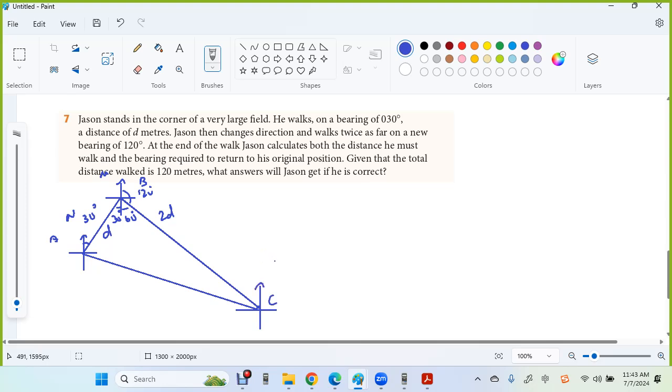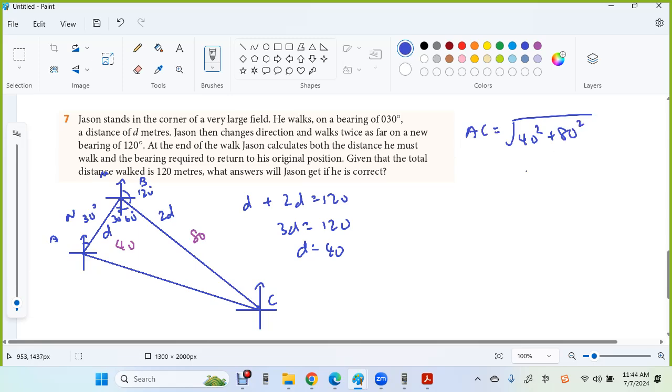So total distance walked is 120. So D plus 2D is 120. So 3D is 120. So D will be 40. So this one is 40. This is 80. Then the AC will be the square root of 40 squared plus 80 squared.